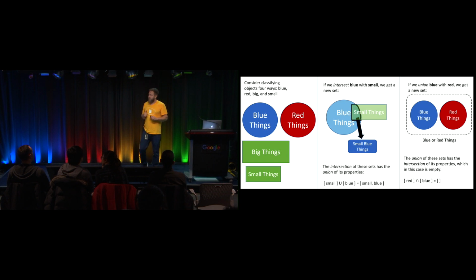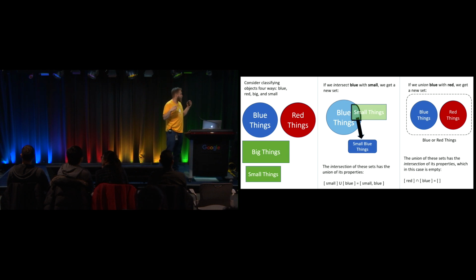This is the slide that the TypeScript team sort of provided while they're trying to explain that in one of the Stack Overflow bugs. But say, for example, we have four sets. So we have blue things, we have red things, we have big things and small things.